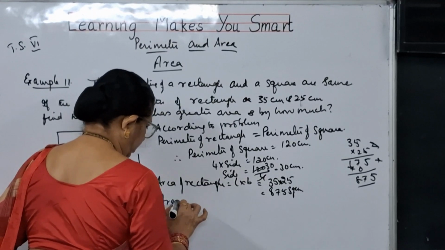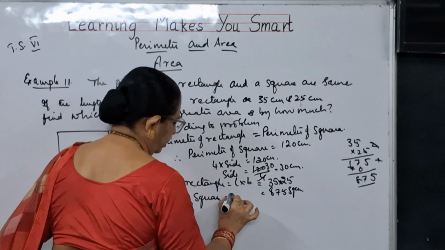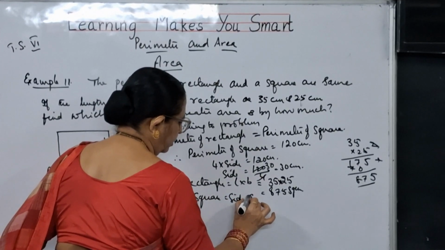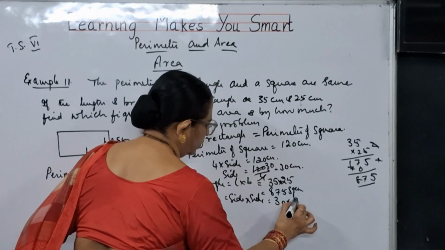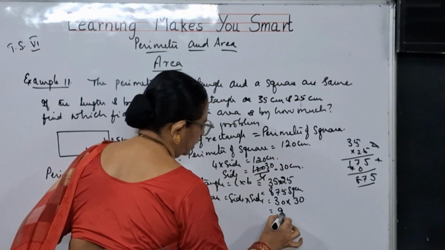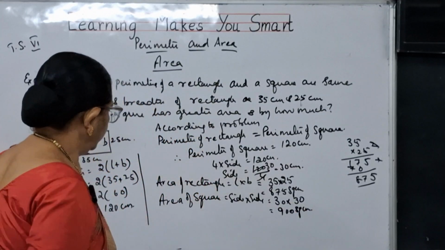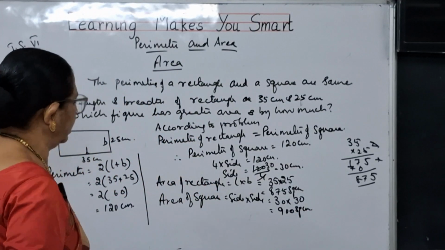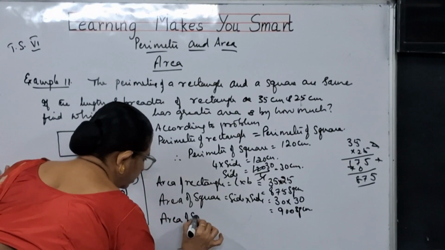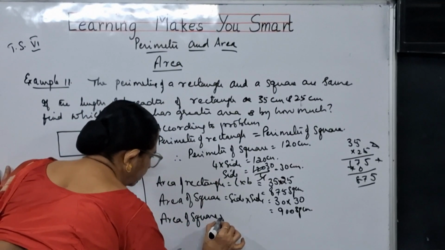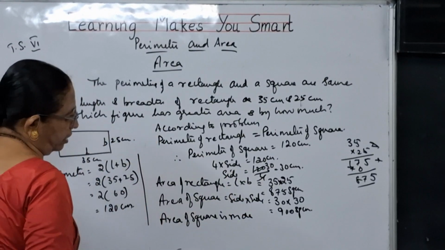So what is the area of square? Area of square formula? Side into side. What is side? 30 into 30. How much? 3 3s are 9, 900 square centimeters. So tell me, in this, whose area is more? The area of square is more.